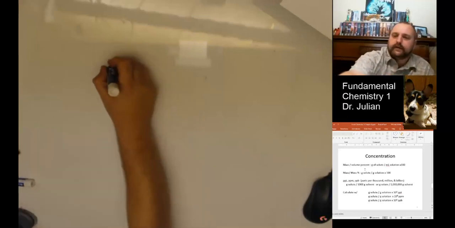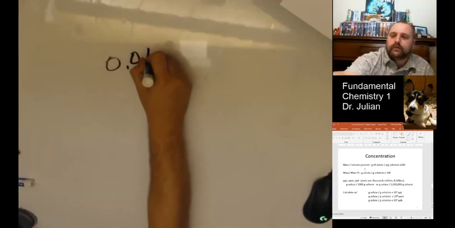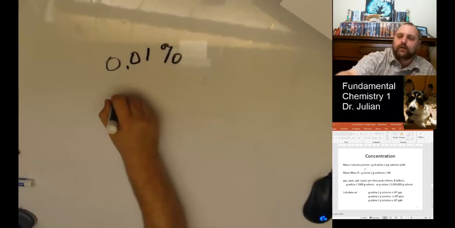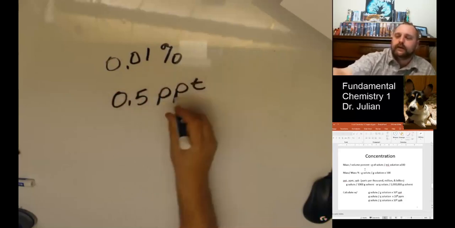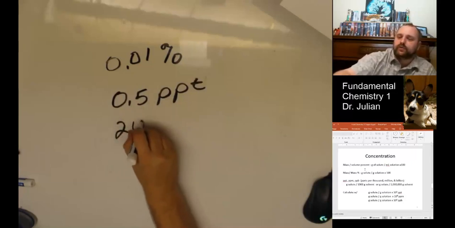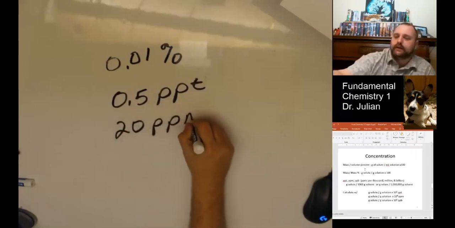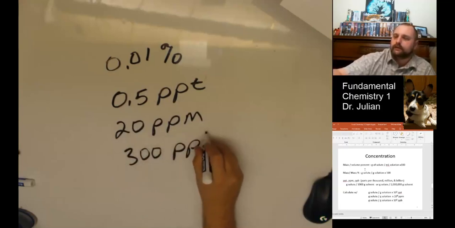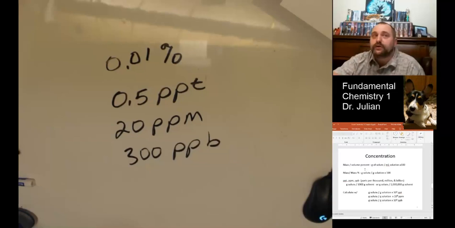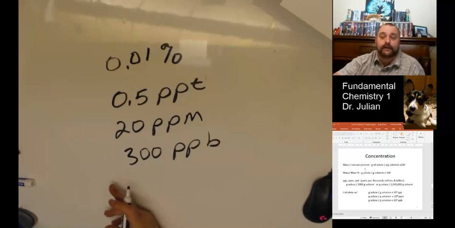So if I said something was 0.01% or 0.5 ppt or 20 ppm or 300 ppb and asked you which one was more concentrated, you might struggle with it because they're different units. You got to get them in the same unit.